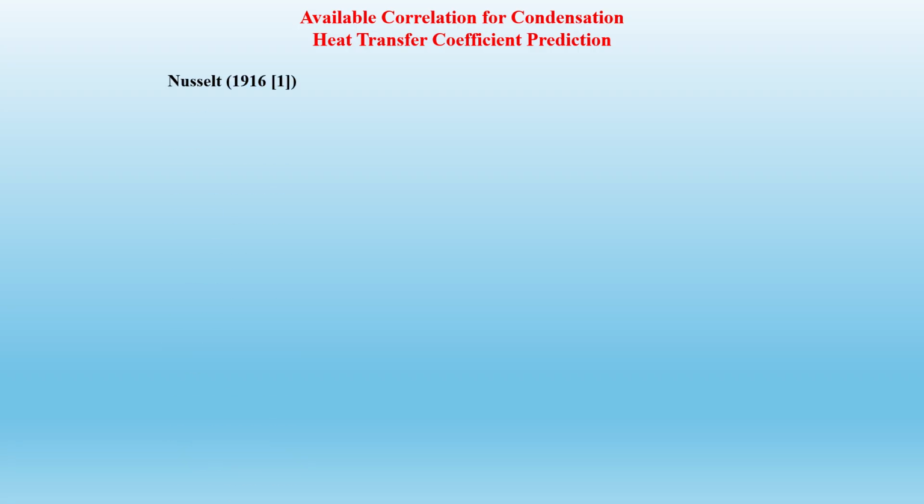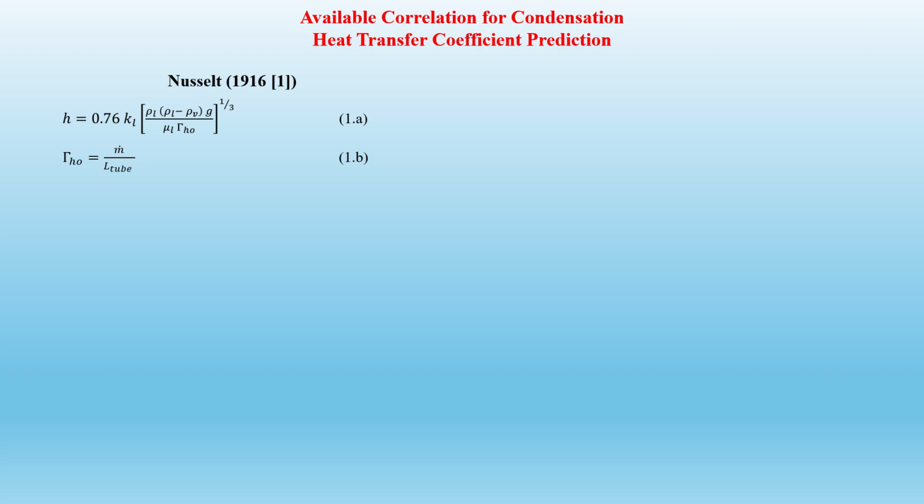So I will start with Nusselt equation in 1916, which was based on a condensation process on a vertical cooled plate, as shown in equation 1a. And here we have the condensate loading defined as m dot divided by L tube.